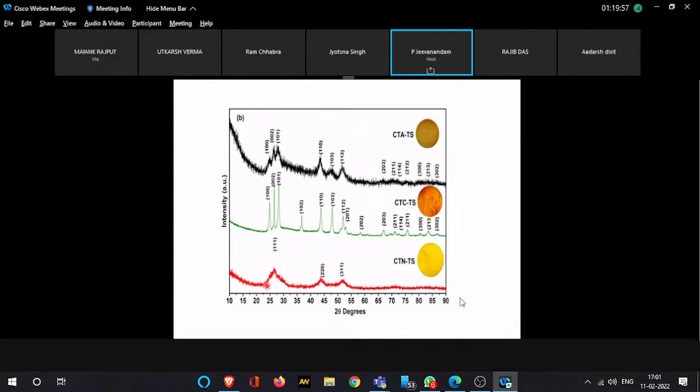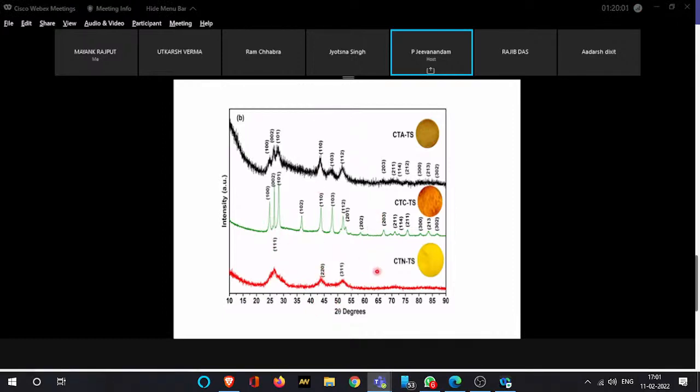You can see that some samples are showing a lot of reflections and some samples are showing fewer reflections. In crystallography, we say, for example, this has a cubic structure and this has a somewhat more complicated structure. Let us not worry too much about that. It is enough to say in X-ray diffraction, you talk about intensity of the X-rays diffracted against the angle of diffraction.